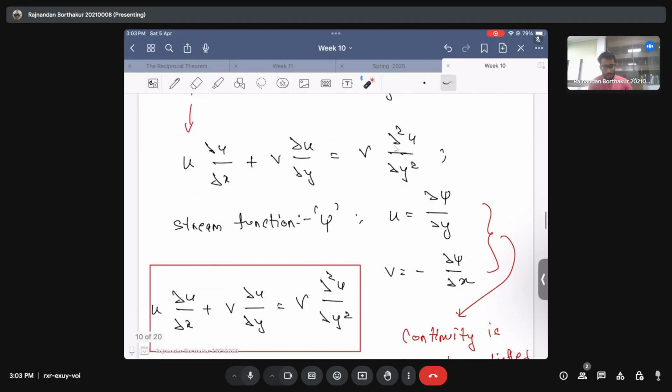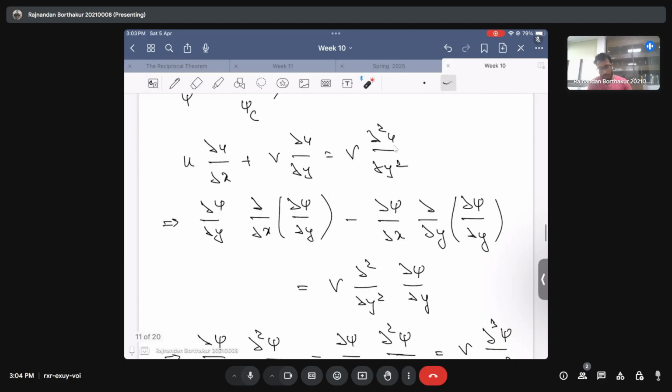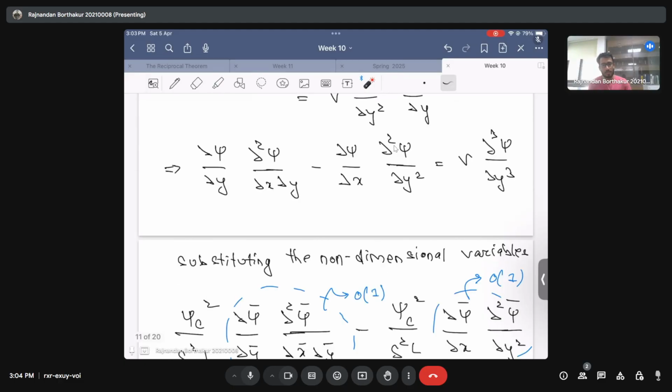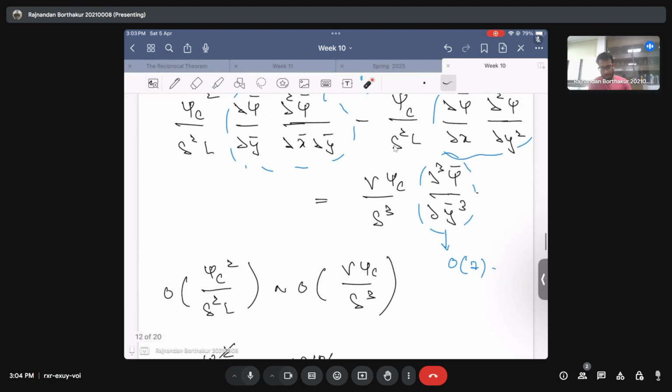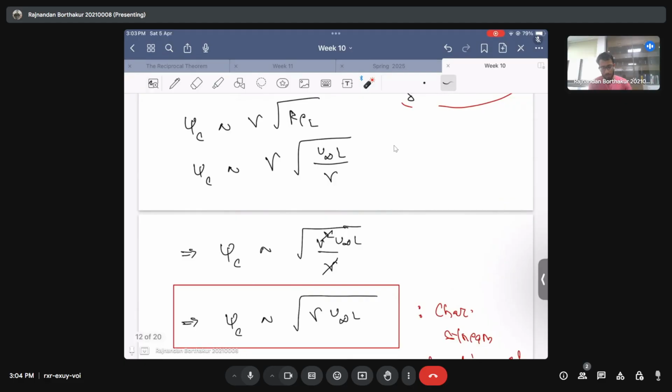We saw that this characteristic stream function was obtained if we choose the correct scales for the length scale in the x direction and the y direction, and subsequently get the scales for the corresponding velocities in the x and y directions, and use the x momentum equation, writing it in terms of the stream function, and then doing an order of magnitude analysis, as we always do, to estimate what psi c would be, which is the characteristic stream function that we were asked to evaluate.